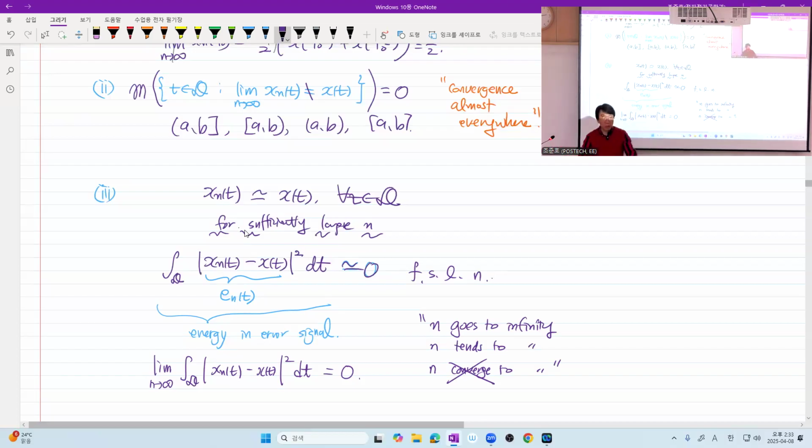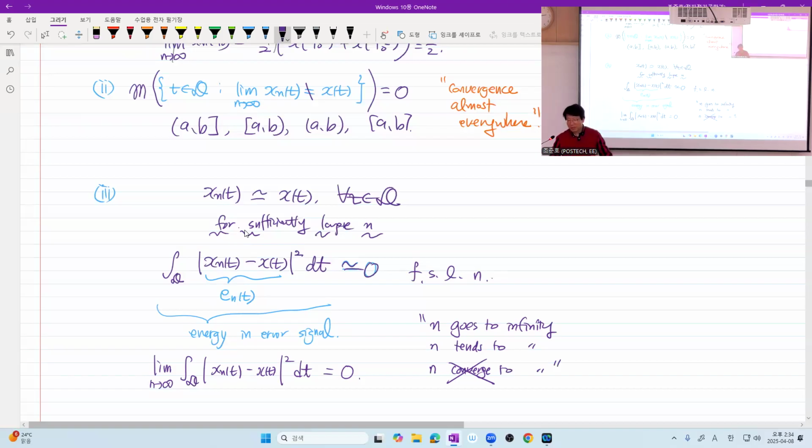What does that mean? Now you know, as a student taking this course, that a sequence of real numbers converging to 0 must be interpreted as an engineer: for sufficiently large n, your sequence element is very close to 0, right? Got it? So in this case, the energy in the error signal is small enough, ignorable if n is large. So it really makes sense and is appealing.